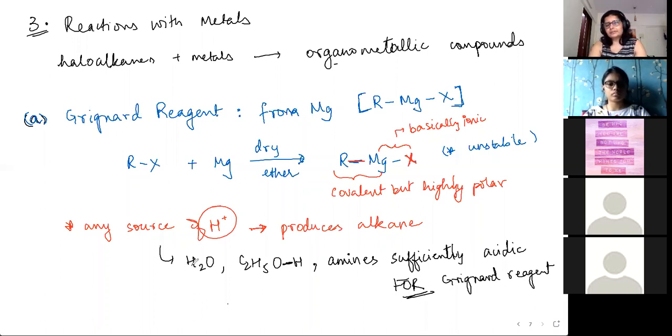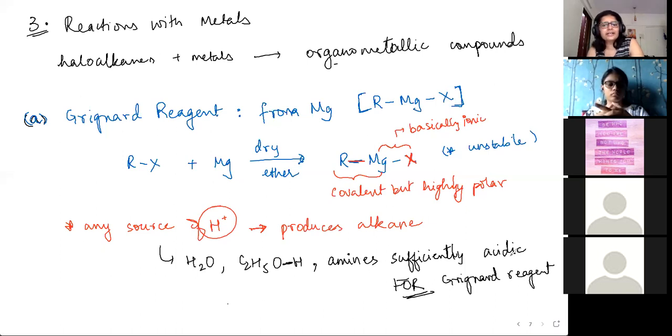So water gives H plus to this. Even acids, alcohols, and even amines. Amines are primarily basic. They're organic derivatives of ammonia. Ammonia itself is basic. You attach alkyl groups to it, still going to be basic, because of the lone pair of electrons on nitrogen. So even amines, which are generally treated as bases, have a more basic nature.